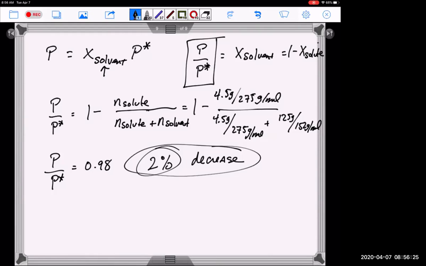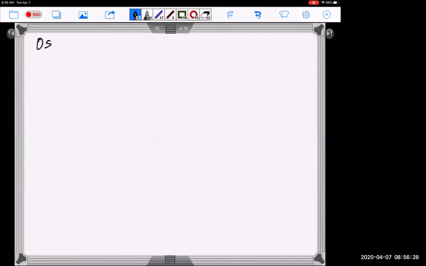Okay, so the last one, osmosis. Again, probably the one colligative property that is still an incredibly important laboratory value.